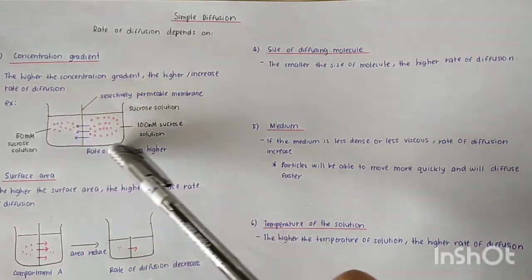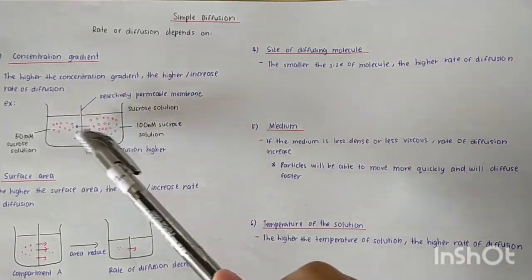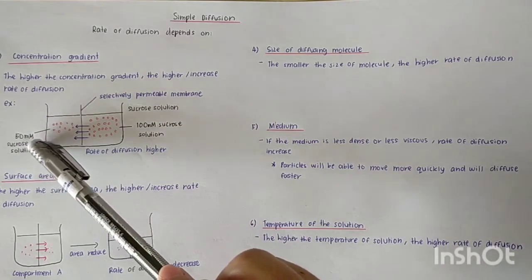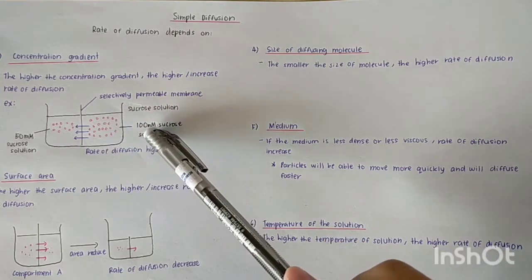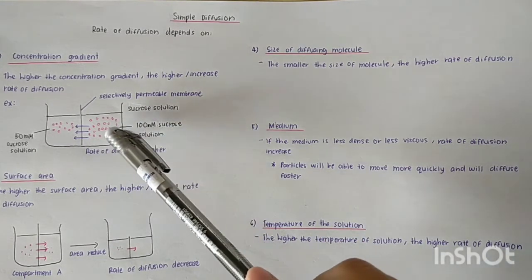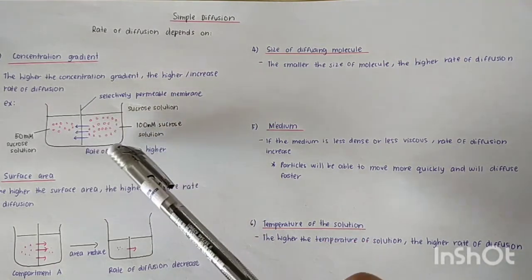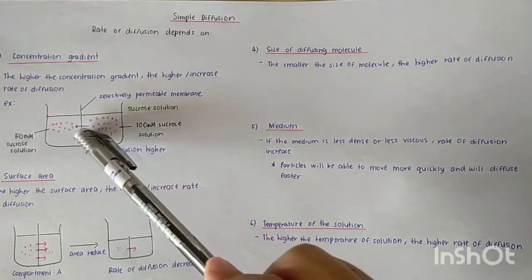Kalau awak tengok for the example here, let's say it has 2 compartments. For compartment A, the concentration is 50 millimole, but for compartment B, its concentration is higher. So based on the difference, kalau concentration gradient dia adalah lebih tinggi, maksudnya rate of diffusion dia akan jadi lebih tinggi juga.